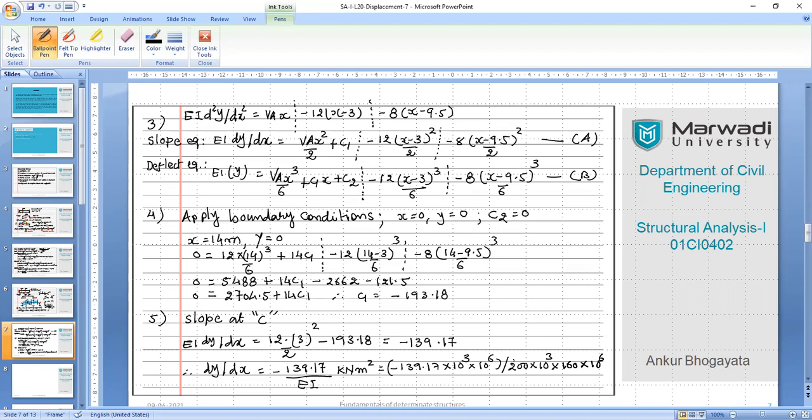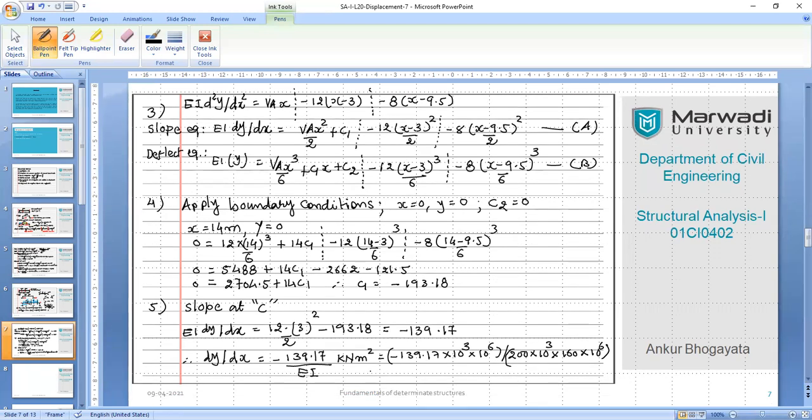Okay, so that is our final stage of calculation, and that gives us the final answer. You can see that this 10 raised to 3 and 10 raised to 6 we may directly cancel here, right? So we'll perform the calculation accordingly. 139.17 divided by 200 and divided by 160.